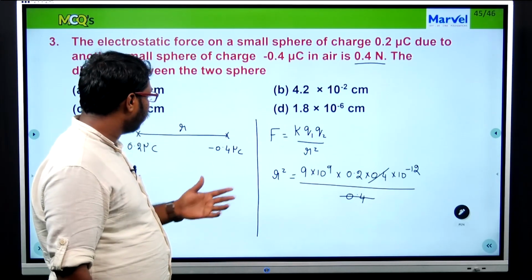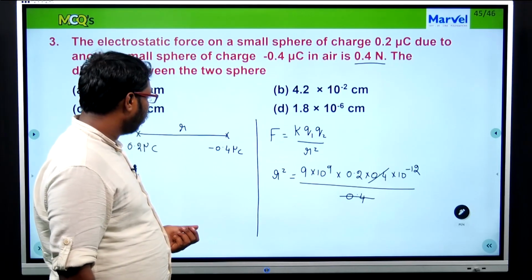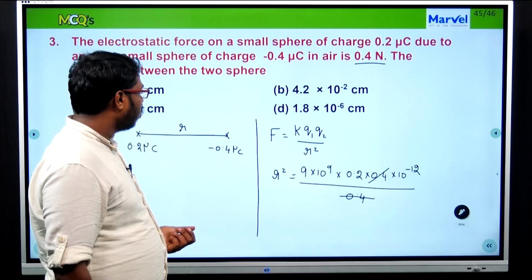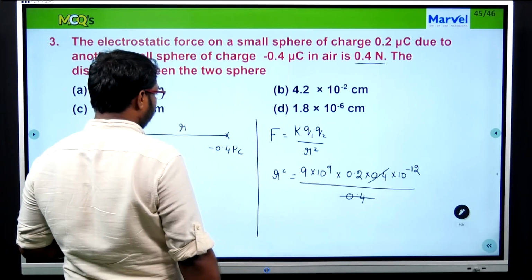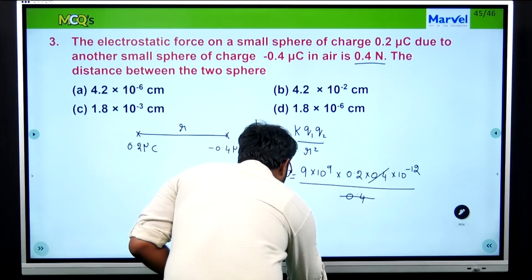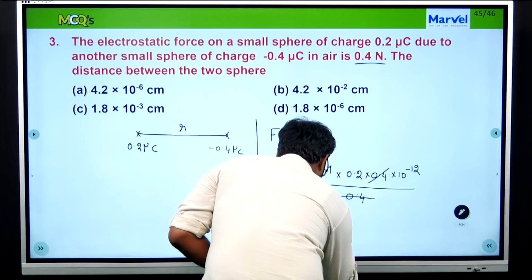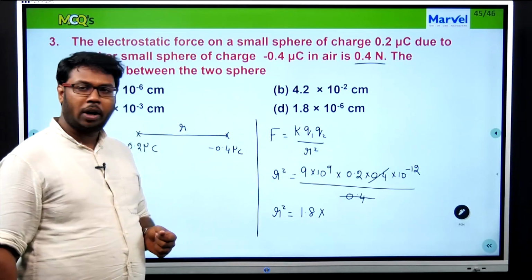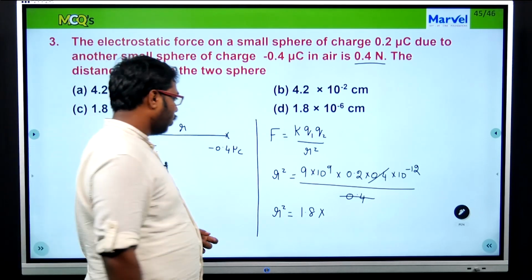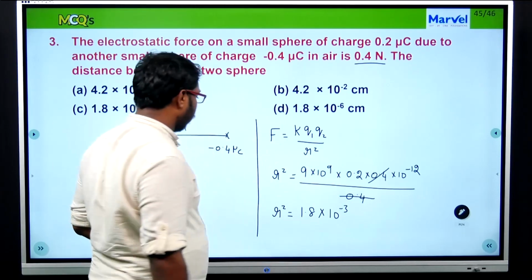All we have to do is reduce the rest of the things and conclude the answer. So now what are we left with? R squared is equal to 9 into 0.2, which is 1.8, into 10 power 9 and 10 power minus 12, which is 10 power minus 3.